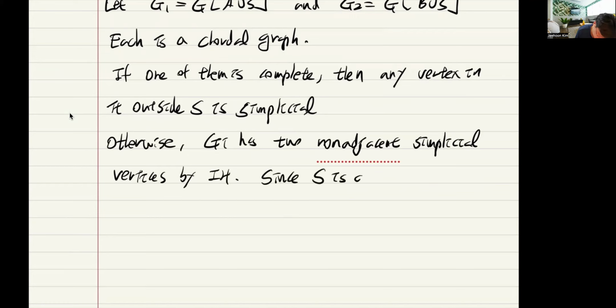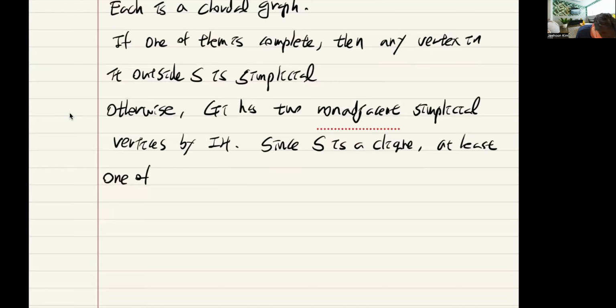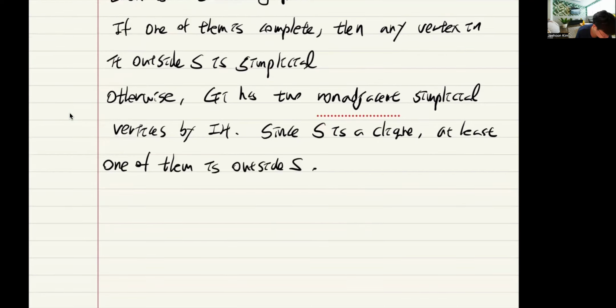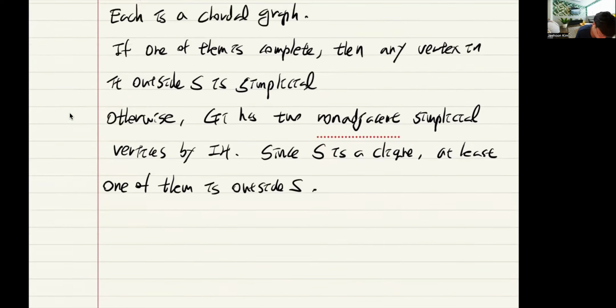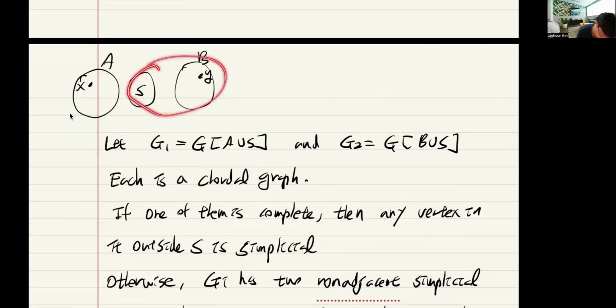Since F is a clique, at least one of these two non-adjacent simplicial vertices is outside F. So that shows that there is a simplicial vertex here and a simplicial vertex here. No matter whether this is complete or not, you can find one simplicial vertex here, one simplicial vertex here.